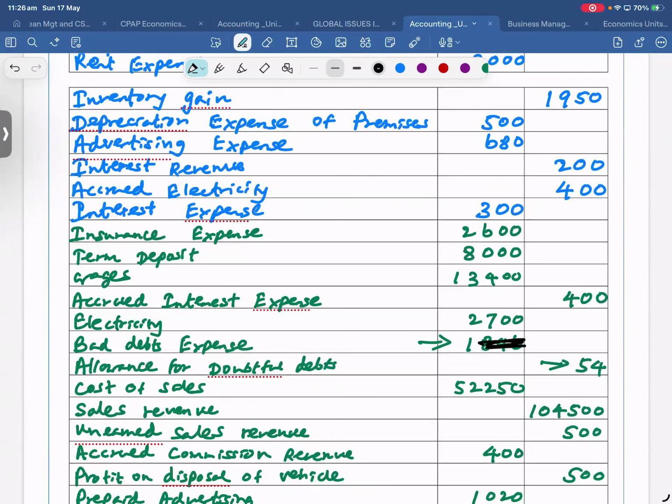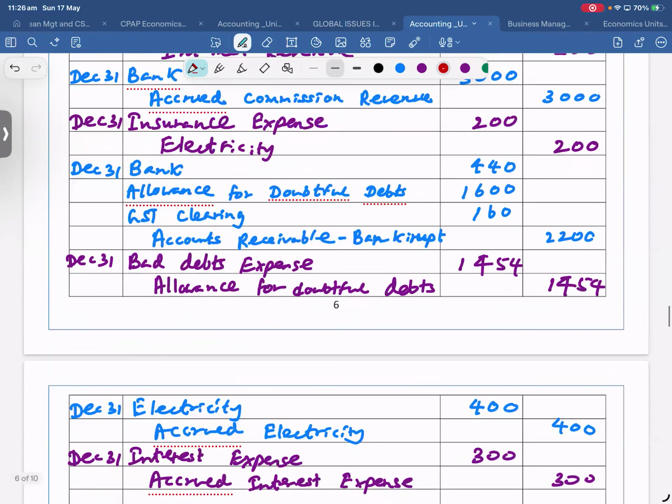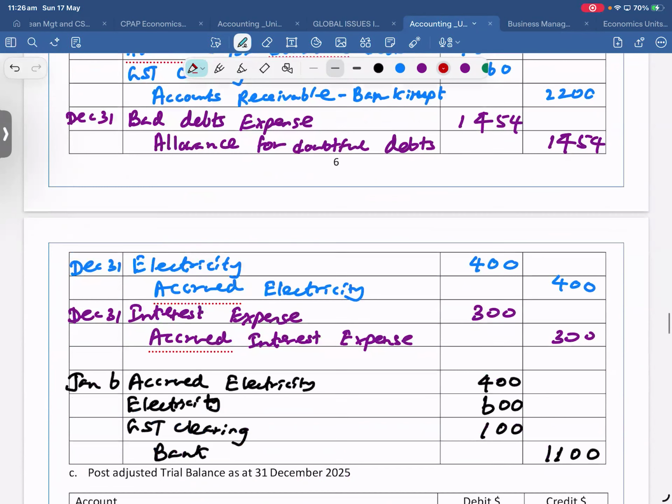This one actually, bad debt expense only. And the double entry in the balance stage adjustment. Right.